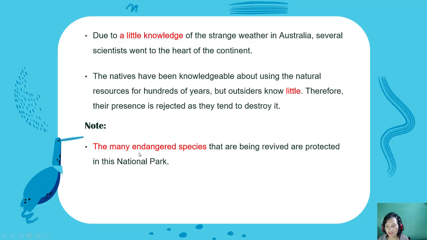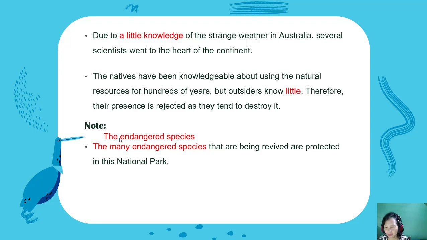The many endangered species that are being revived are protected in this national park. Why is there the here? Look at this. The endangered species. Yes. We use the because we want to show that it is definite.